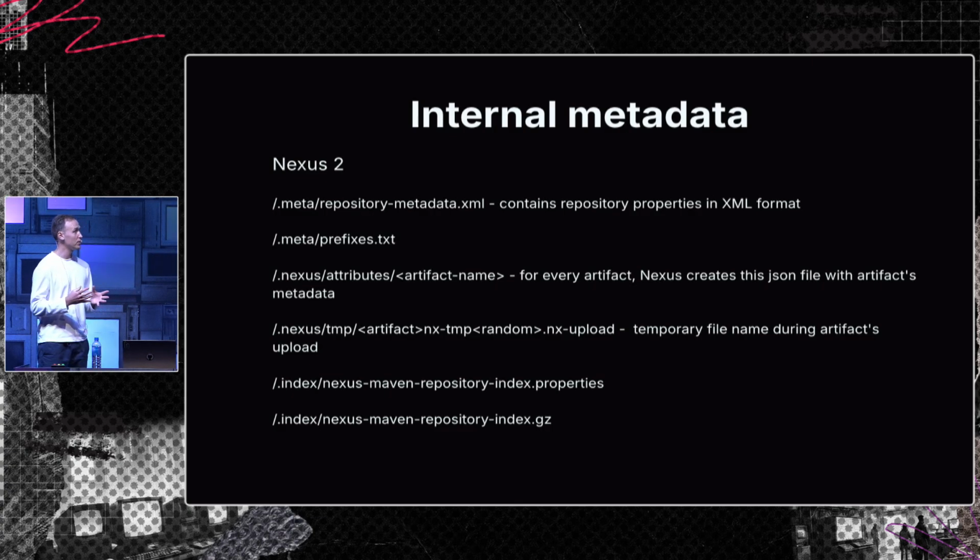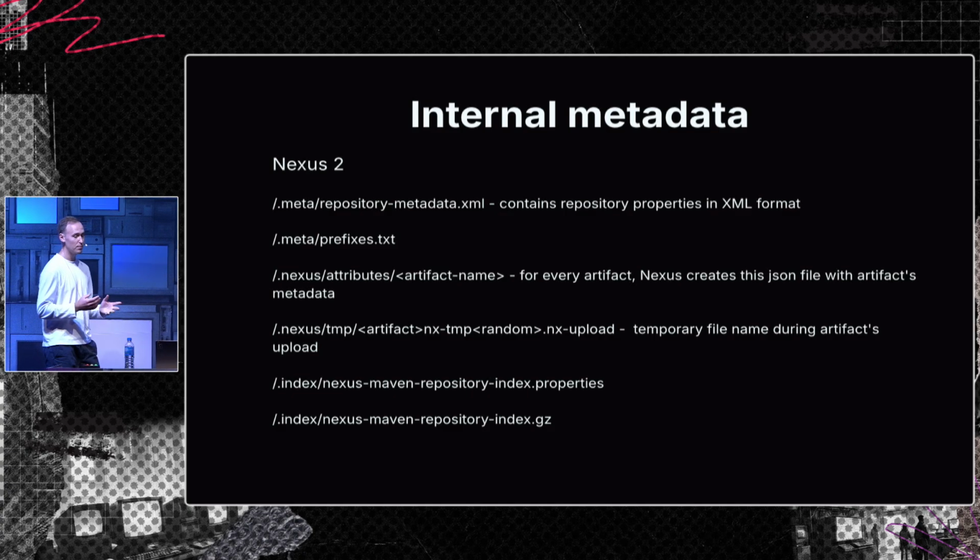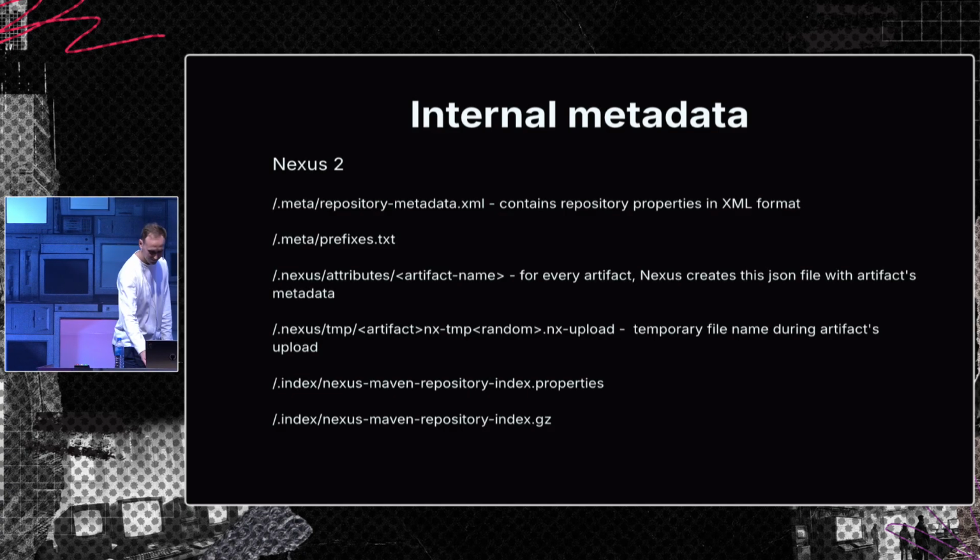And along with storing the actual artifact content, it also stored some interesting files that were only meant to be accessible internally. But I found a way that we can break this assumption, break this protection, and access one of these files with some specific tricks.